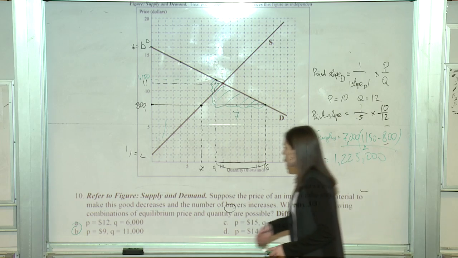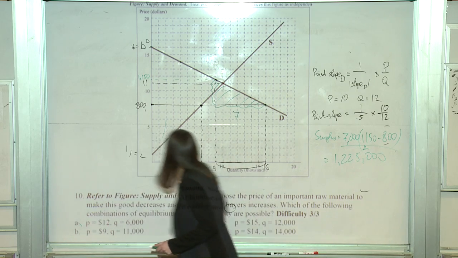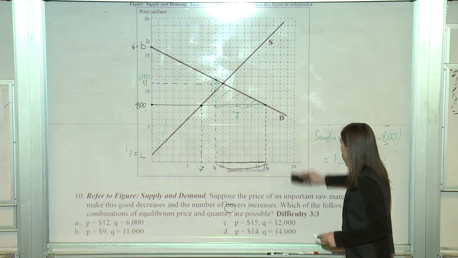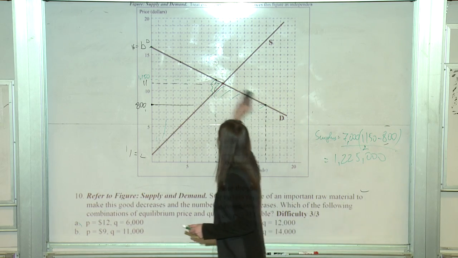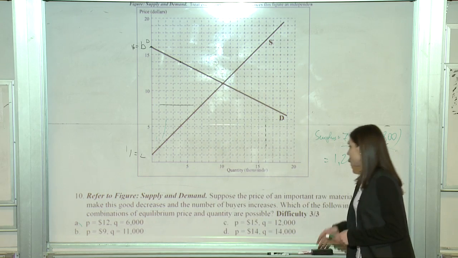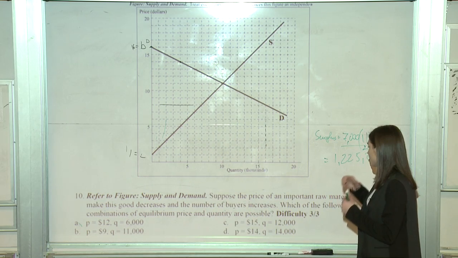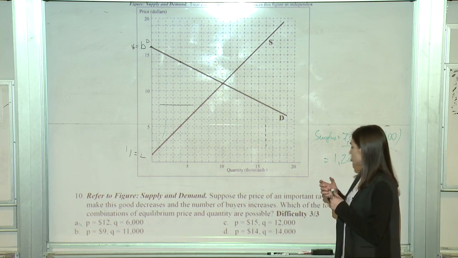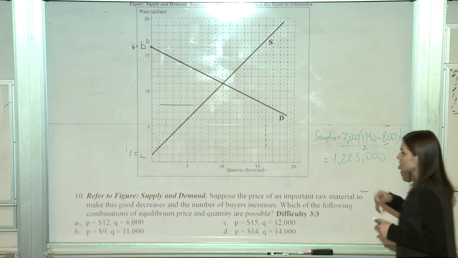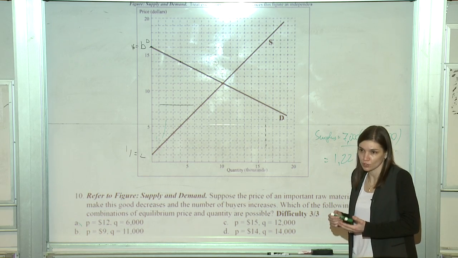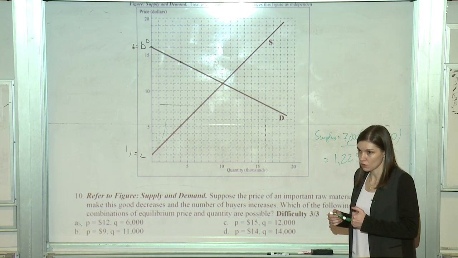All right, so this is the last question that refers to the graph. Suppose the price of an important raw material to make this good decreases. So the cost of producing this good goes down, right?